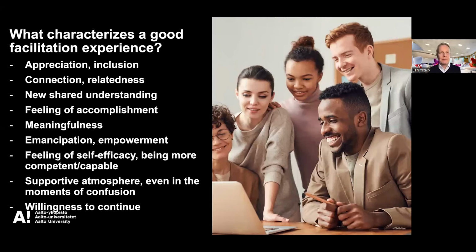So here's a kind of list of what characterizes a good facilitation experience, or a good conversational process, and this may be connected to this discussion that started.